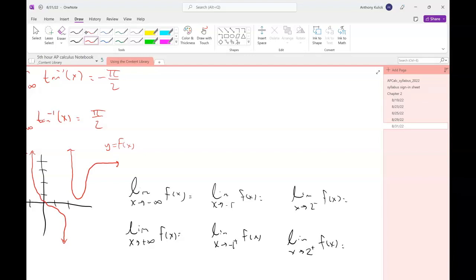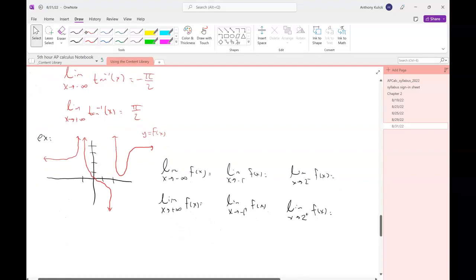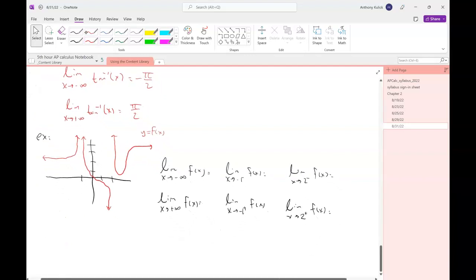Shrink that down so we can see everything at once. All right, what's the limit as x approaches negative infinity of f of x?